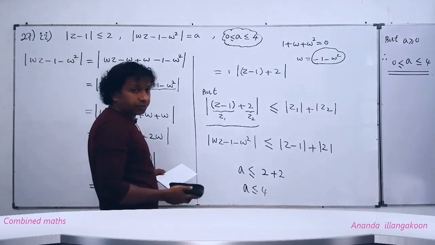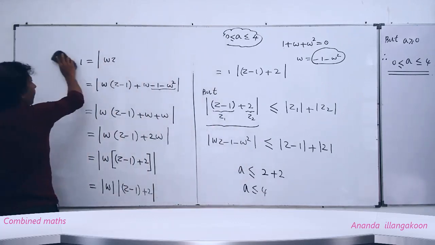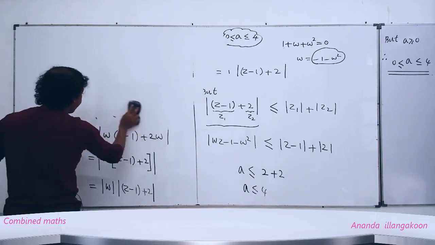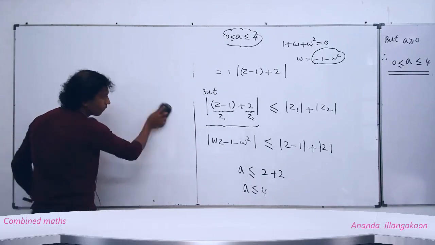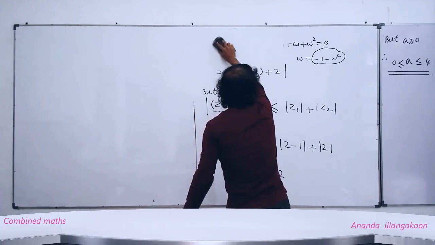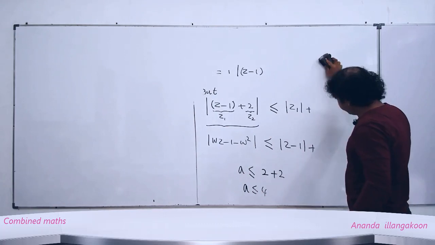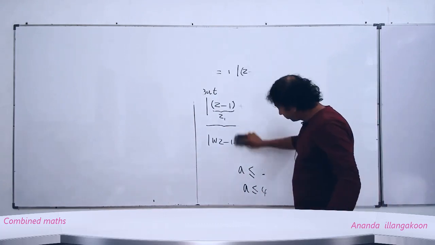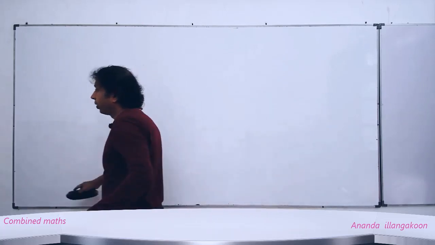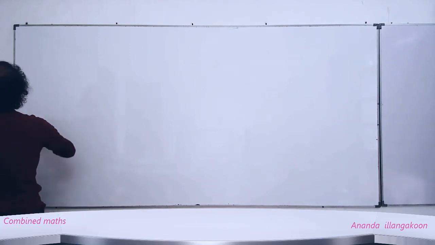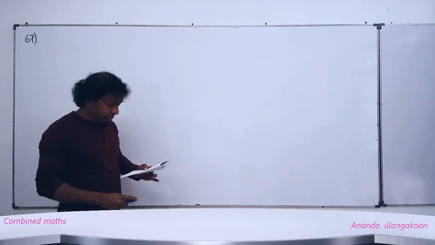Number 67 is the next question. This is a past paper. Here you can see a number of inequalities available.